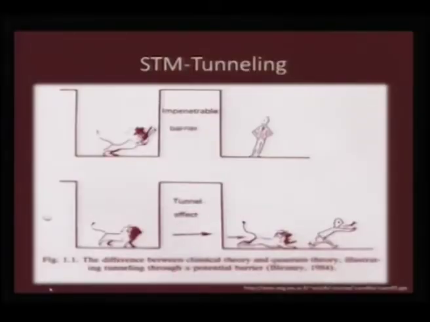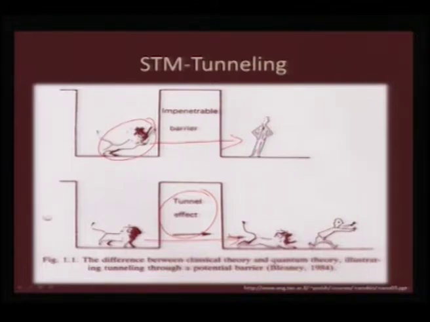Now, the principle of tunneling: we understand that this is totally a quantum phenomenon. In a classical picture, if there is a barrier and the object which is supposed to tunnel is a macroscopic object, then it will not tunnel through this barrier. But if it is a microscopic particle like an electron, then there is a tunnel effect even through a barrier, and it can tunnel through.